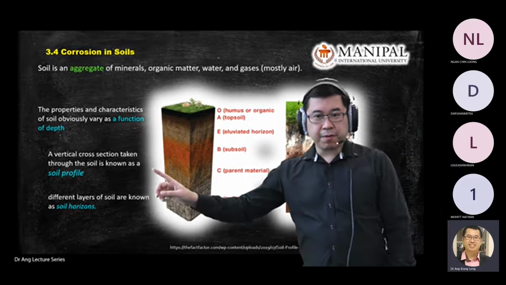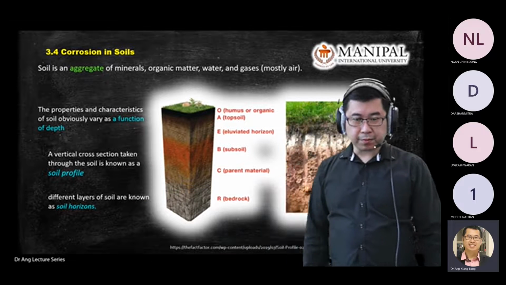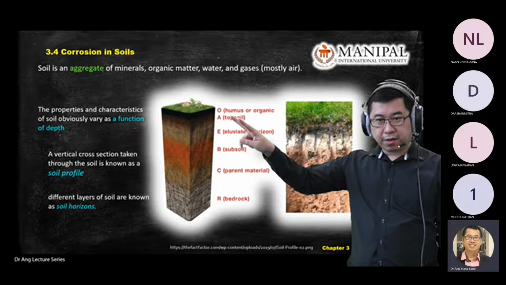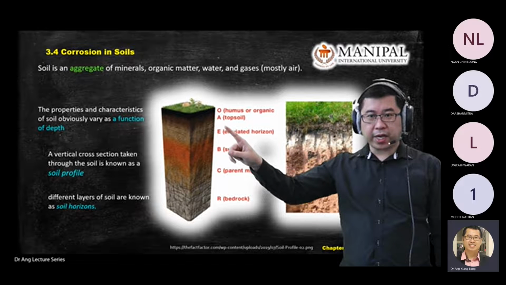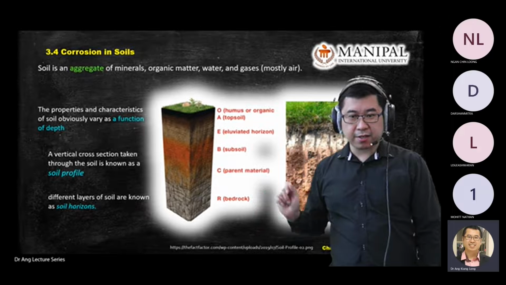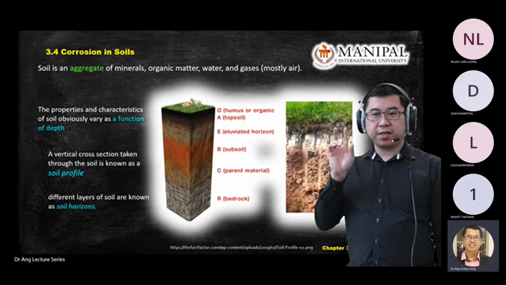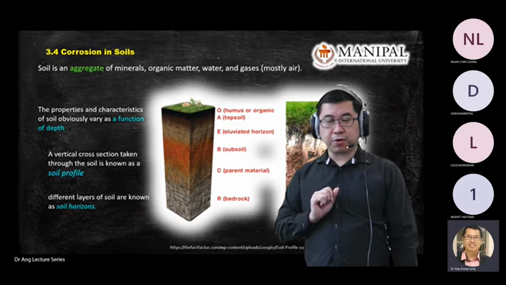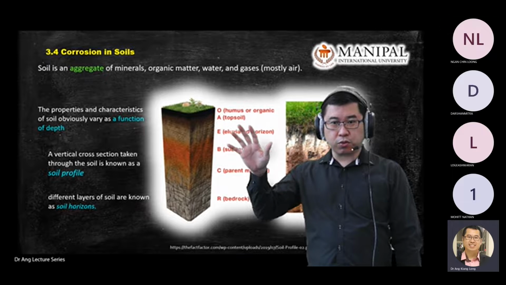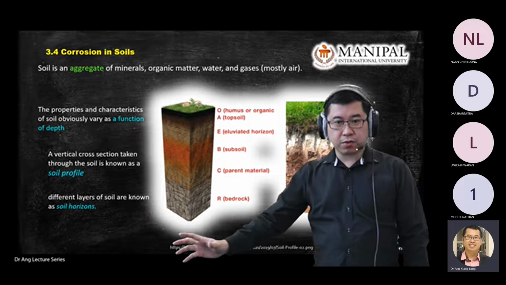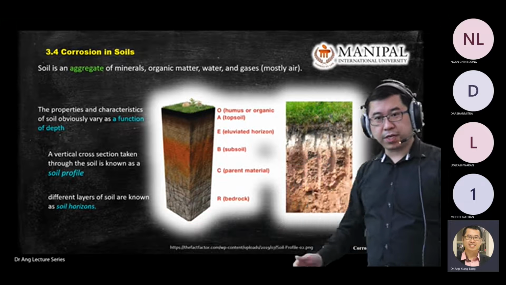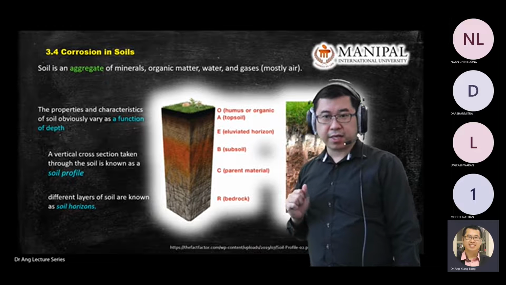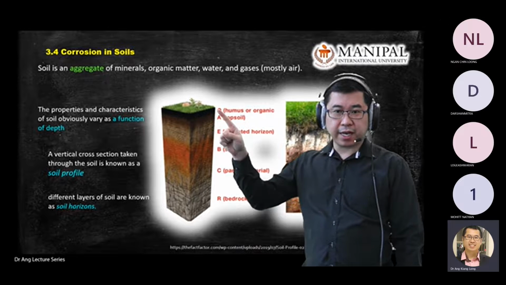Okay, now what do we mean by soil profile? This is called soil profile. Soil profile consists of O, A, E, B, C, R. When you use the word soil profile, or if you see a question asked about soil profile, it expects you to look at the vertical cross section, meaning you look at O, A, E, B, C, and R. Okay, O stands for organic at the surface here.